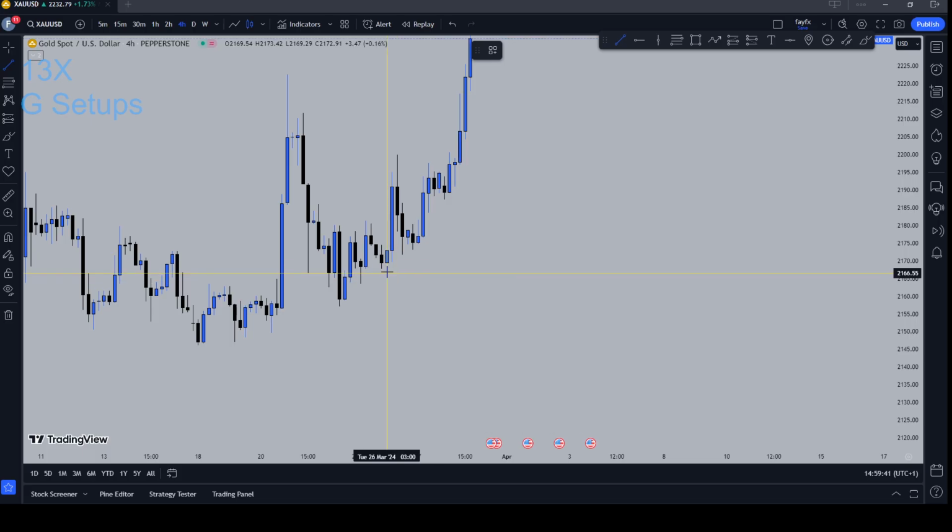It made me good money. Look here. We have a bullish gap on H4.